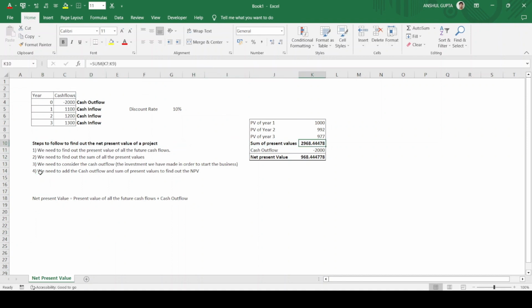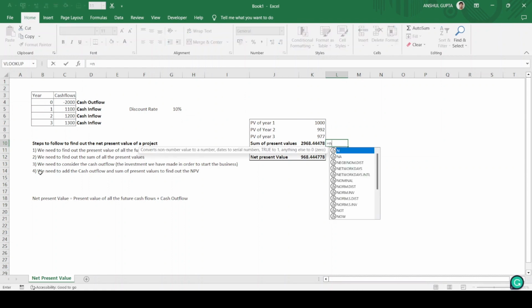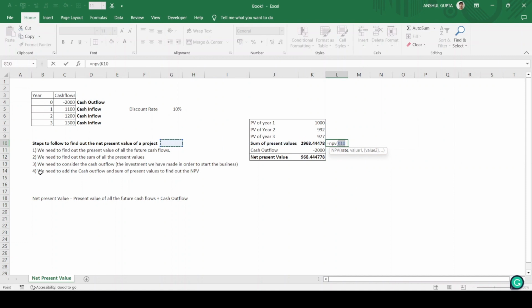So I would say this is a bigger method to calculate the net present value. We can even calculate the net present value in 2 to 3 steps, and it will hardly take us, I would say, 1 minute. So let's calculate our net present value using certain formulas which Excel has provided us with. That is equals to NPV, start the bracket, select the rate.